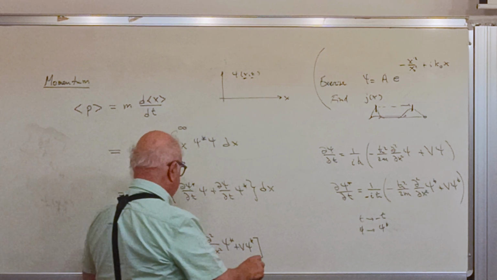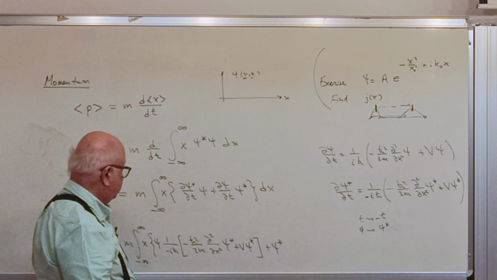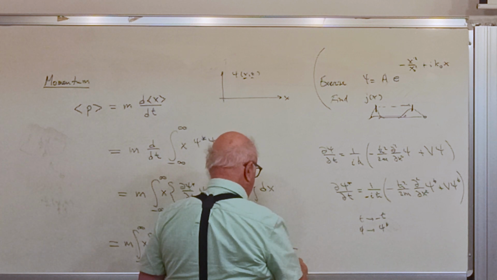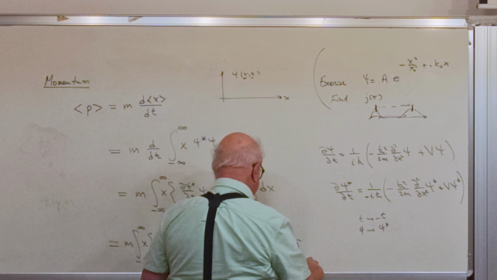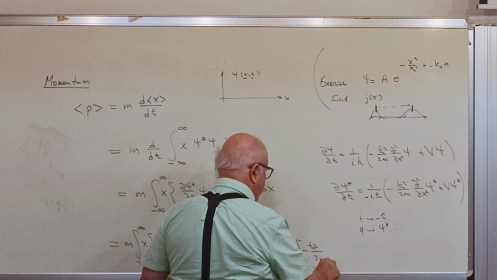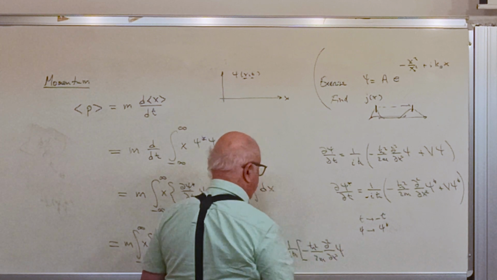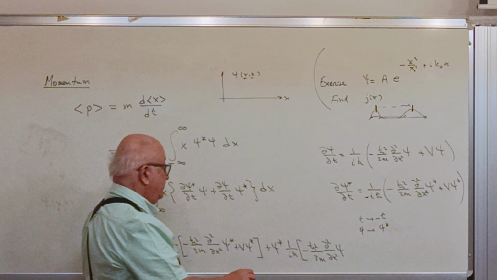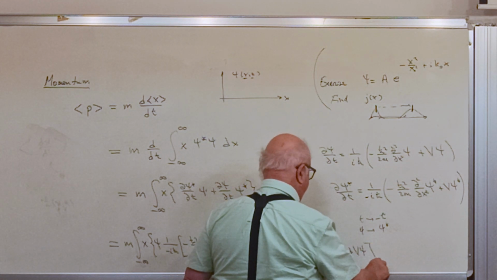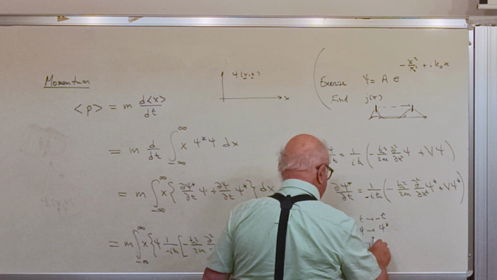Then I have plus psi star over here, 1 over i h bar, minus h bar squared over 2m del squared over del x squared of psi plus V psi. And everything integrated over x.